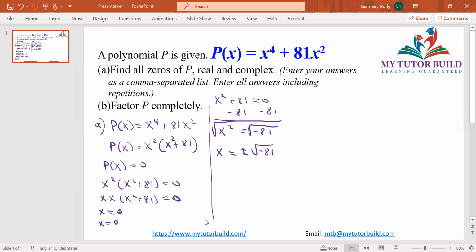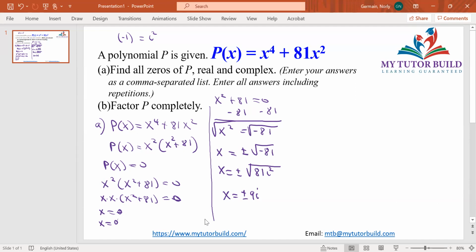But a square root of negative 81 is not a real number, so you can rewrite it as x equals plus and minus the square root of 81 i squared, with i squared equal to negative 1, right? You know that already. So by taking the square root of 81 i squared, that gives you plus and minus 9i.